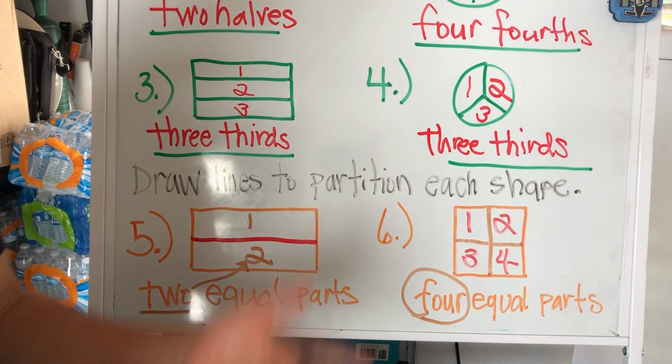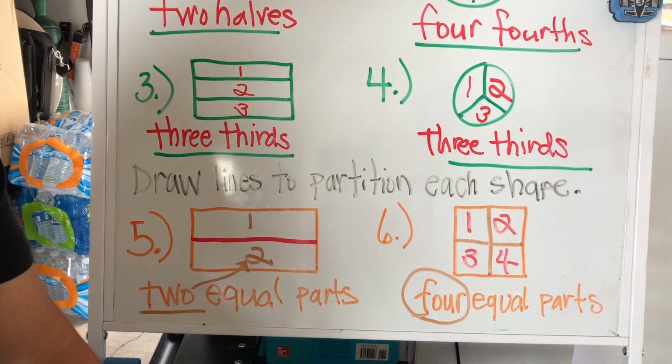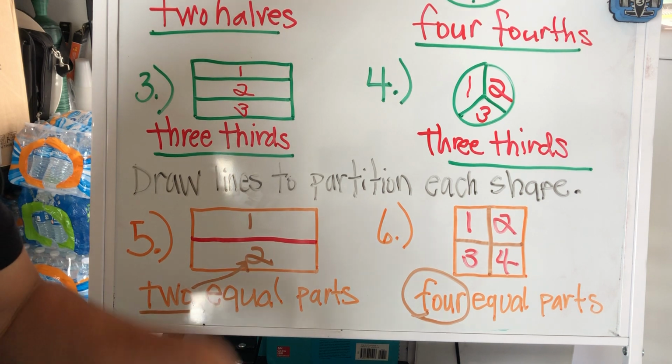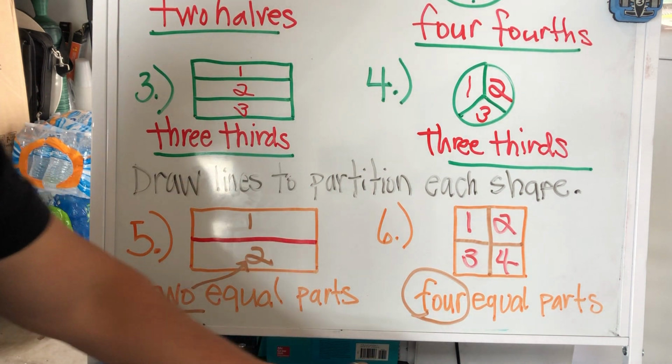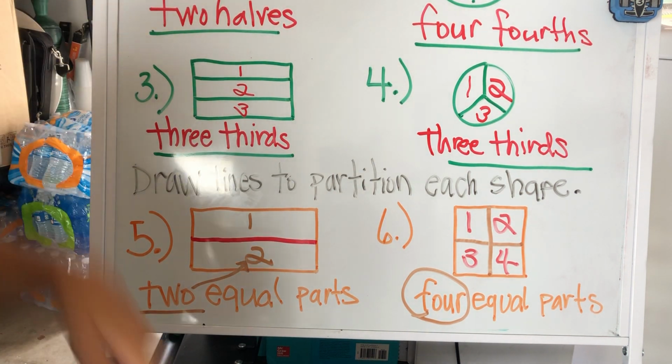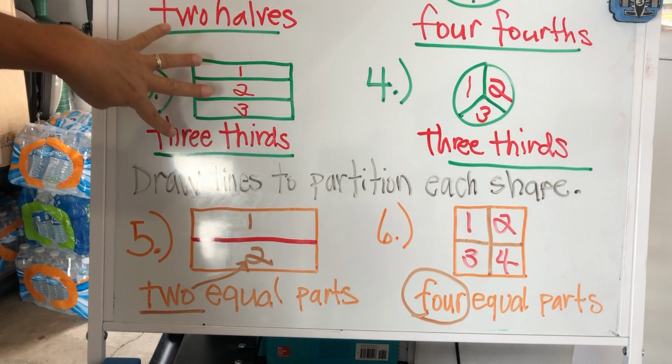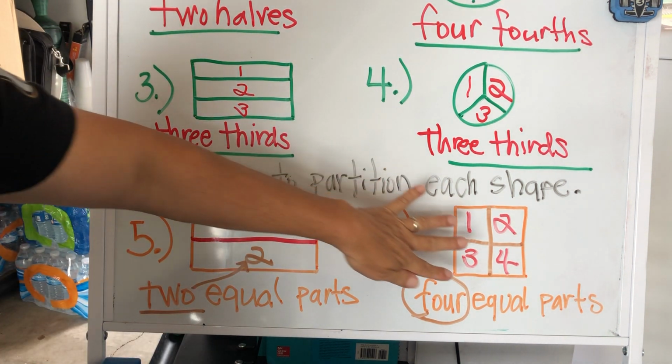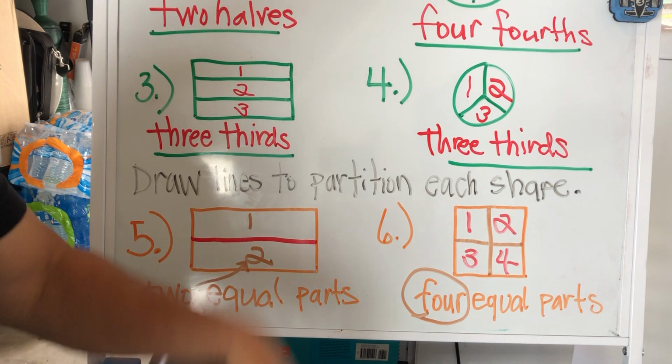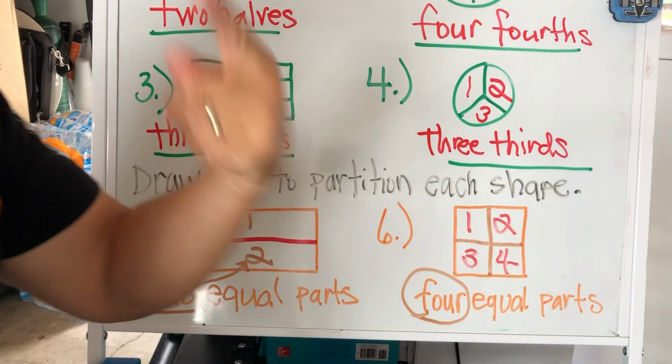Pretty simple. So boys and girls, when you do your homework tonight, this is really what you're going to be doing. You're going to be reviewing halves, thirds, and fourths. Okay? Now remember, I'm going to review right now.